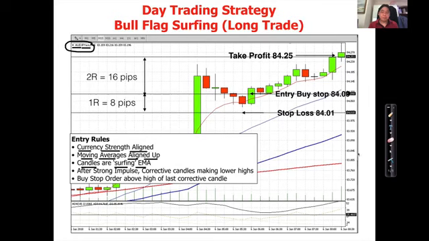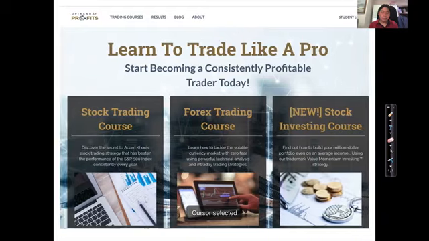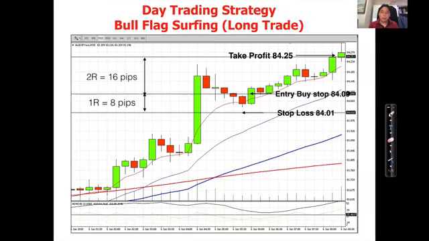What does that mean? So what that means is we are looking for a pattern where the price is surfing, bouncing off one of the moving averages. You can see it's surfing the 6 EMA, right? Surfing, right?